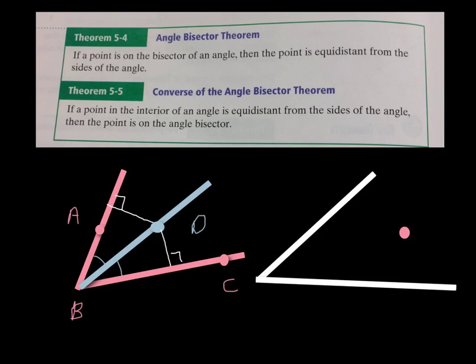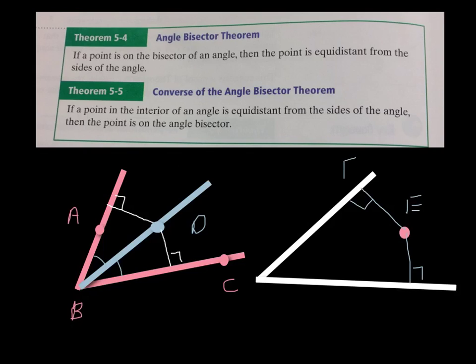Now the converse to the angle bisector theorem says if a point is equidistant to the sides of an angle, then it's got to be on the bisector of the angle. So if we have point E here, and it's the same distance from E to this side of the angle as it is from E to that side of the angle, remember you have to go perpendicular when you're measuring that distance.